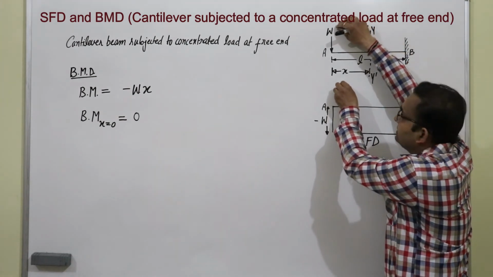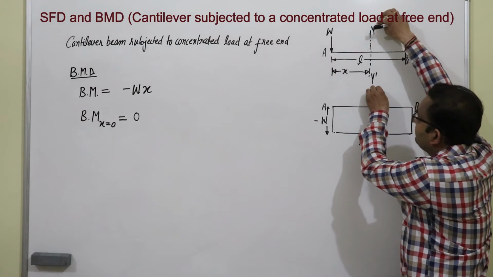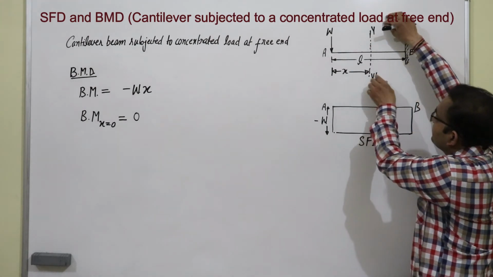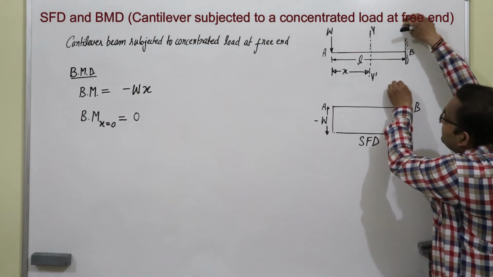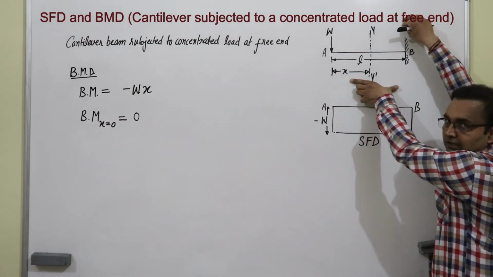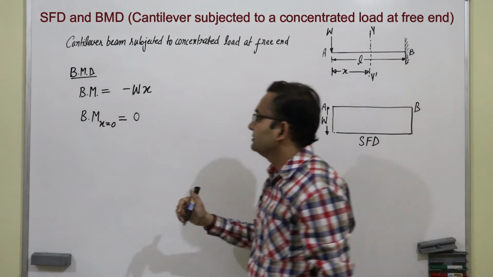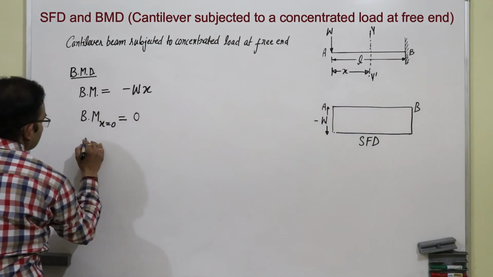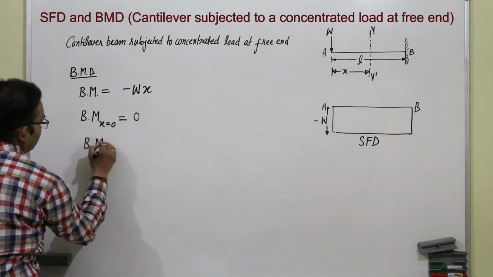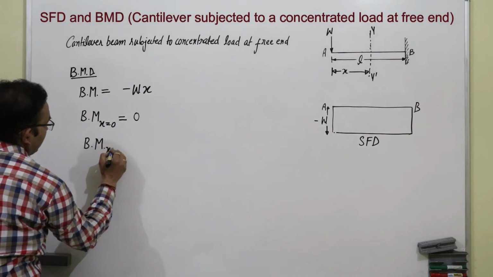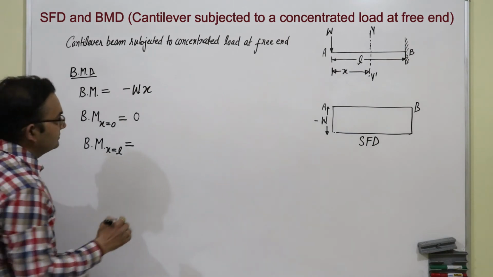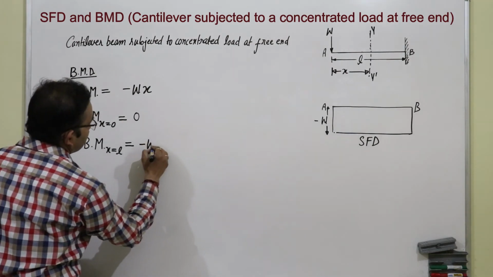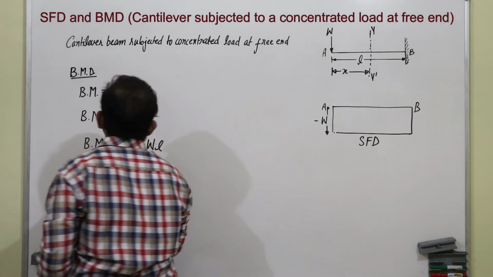Now, I will slide this section to this side. So, what will happen? X will increase, and when this section comes to this side at the end, x will become L. So, bending moment at x equal to L is minus WL.